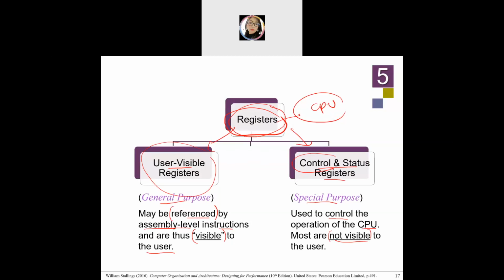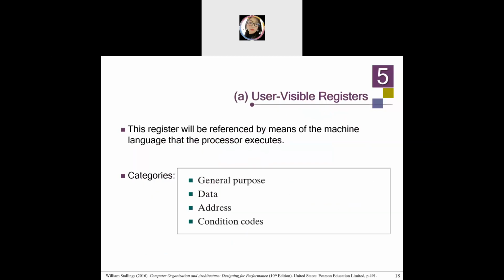Still on the theory part, you need to know the theory before you can go further. So user visible registers are referenced by the machine language that the processor executes.